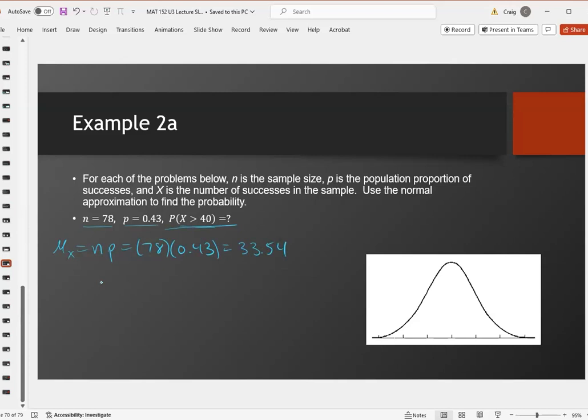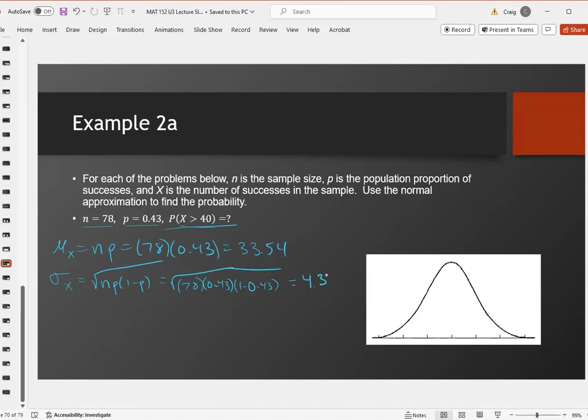If we want to find the standard deviation, that is the square root of n times p times 1 minus p, or 78 times 0.43 times 1 minus 0.43. Type all that in the calculator, take the square root, and you should get 4.37.